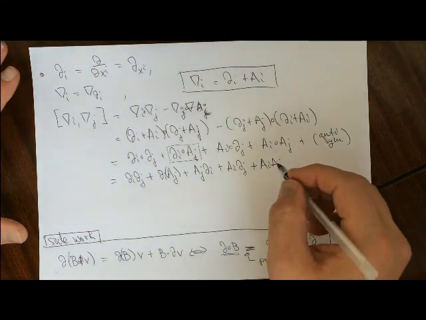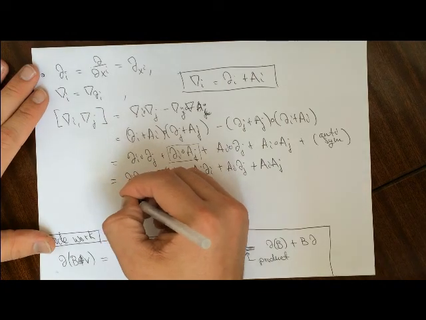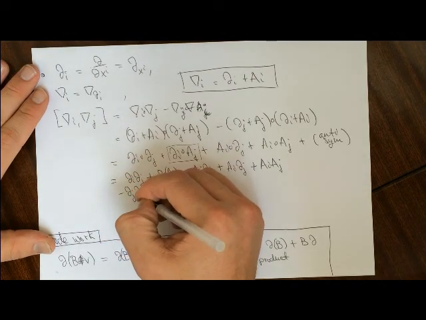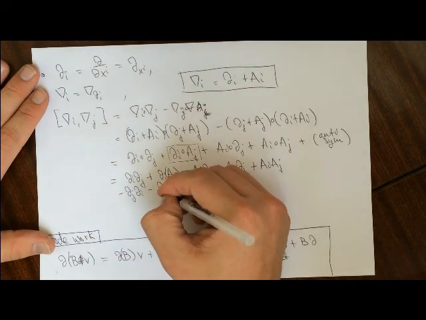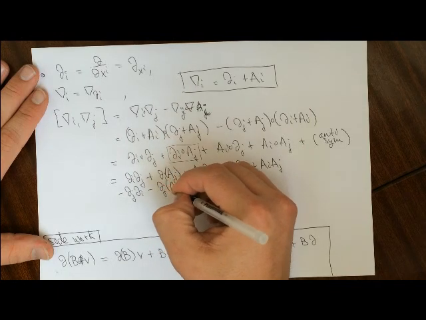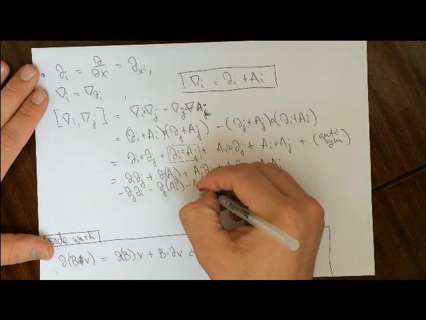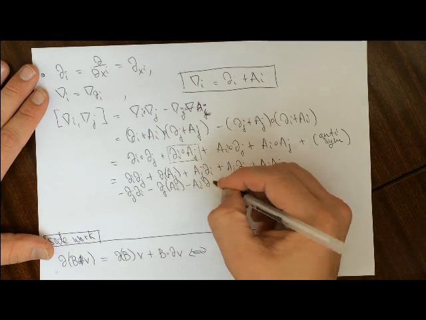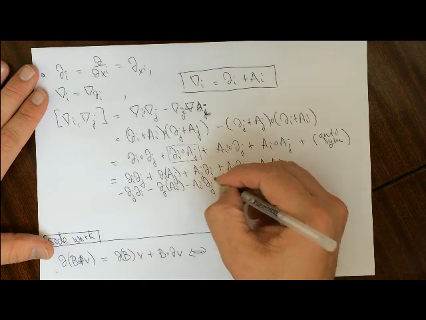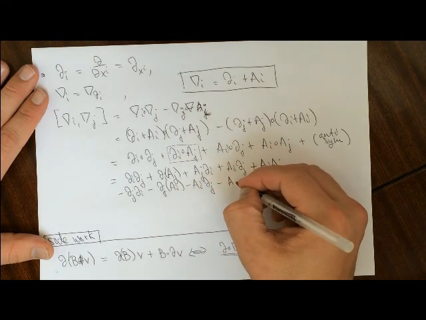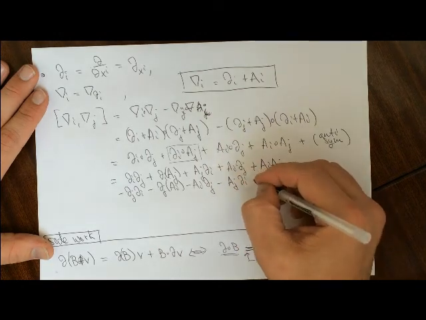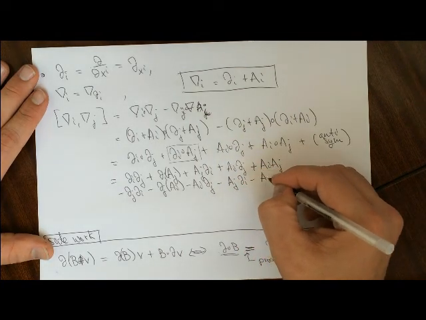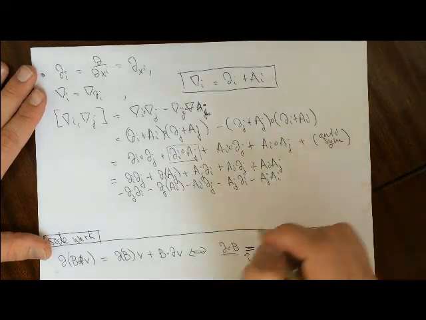And so the antisymmetric part is the exact same thing but with flipped indices: d_j d_i minus (d_j a_i) minus a_i d_j minus a_j d_i minus a_j a_i.